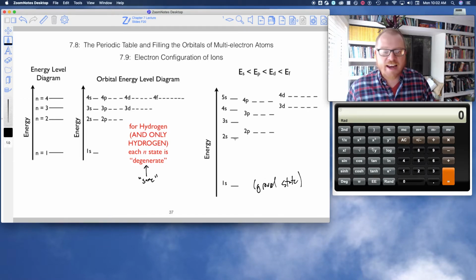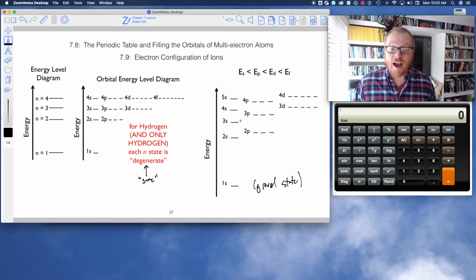1s, 2s, and then now look, 2s and 2p are no longer equal. 2p is slightly higher than 2s, okay? So it splits. And then we know that level 3 has to be higher than level 2, okay? So 3s is higher than 2p. But now look, 3p becomes higher than 3s.